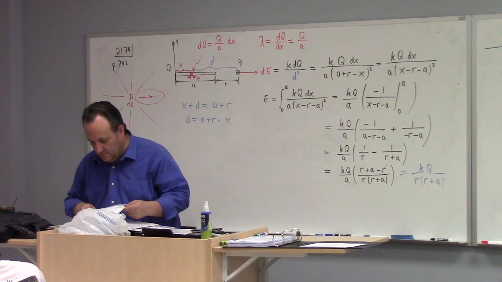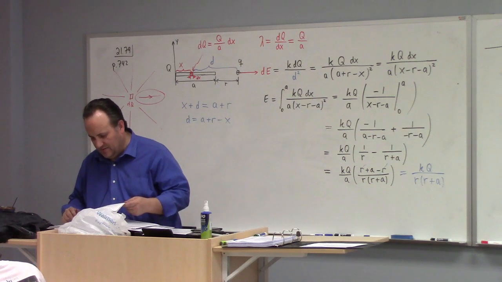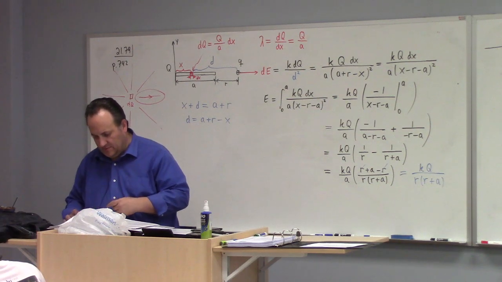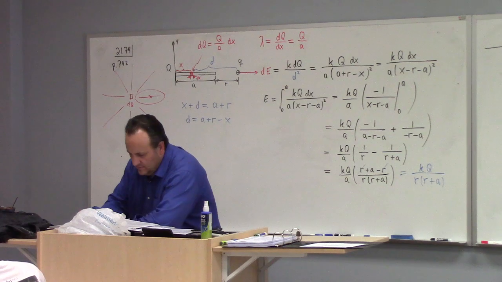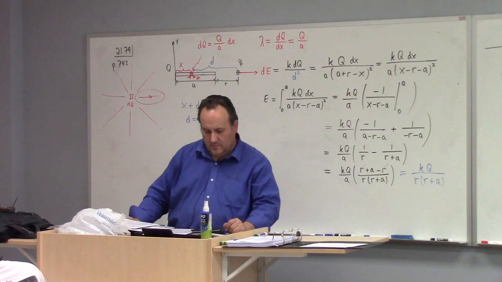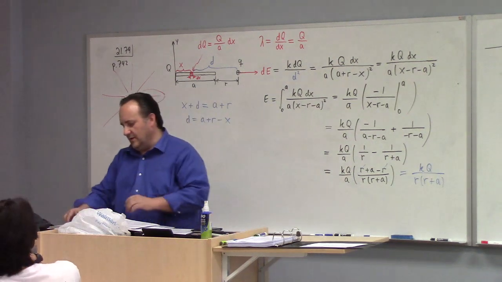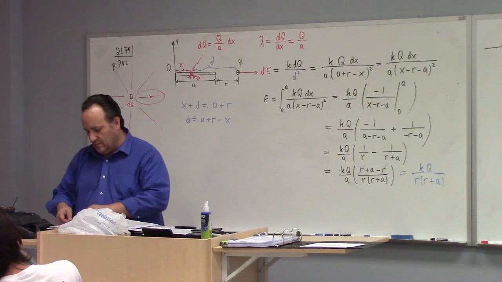Oh man. Wait, what? I'm confused. They got it in terms of x's. Did I copy the problem down wrong? Where'd it go? I feel like that wouldn't make sense because you're integrating it in terms of x. That's weird. I think there might be a typo on the key.